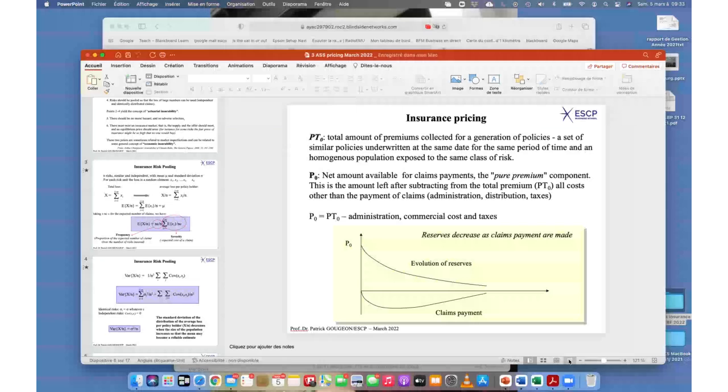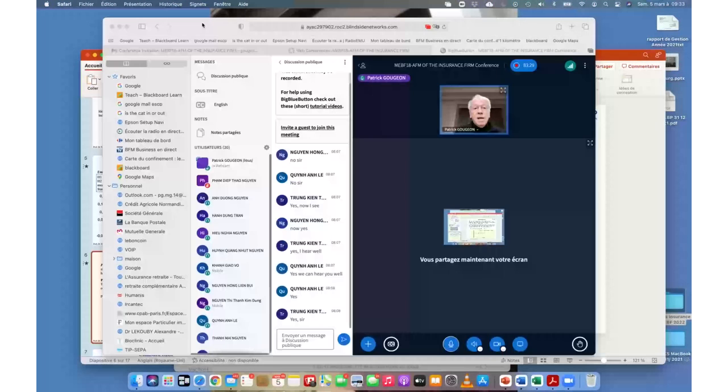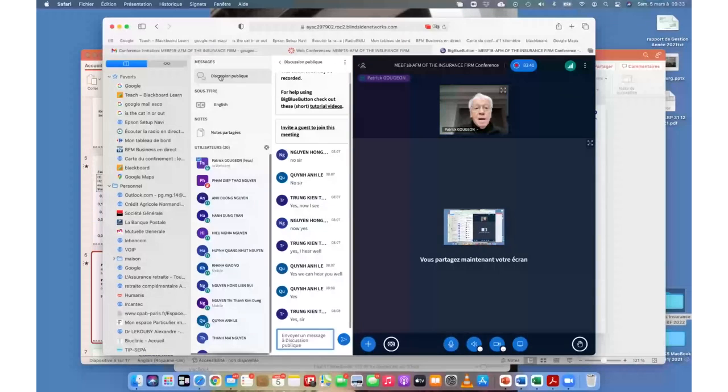But I'm just looking at my watch, and I just realized that it's 9:30 for me, which means that it might be 3:30 for you. I think it's the right time for a coffee break. I don't know what you think about it. I'm pretty sure you would agree with me.